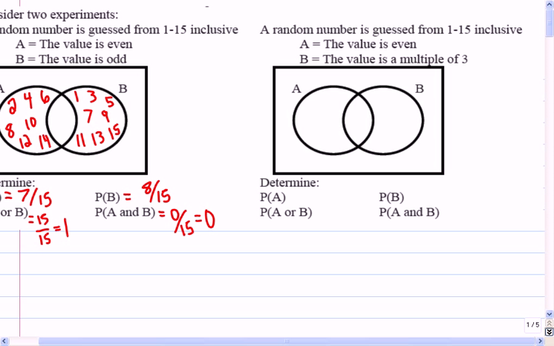But okay, now we're going to take a look at a slightly different example. This time, from 1 to 15, A represents even numbers again, but B represents multiples of 3. When we did counting in the last unit, the first thing we always tried to count was the thing with the most conditions, the thing which was going to be most difficult.